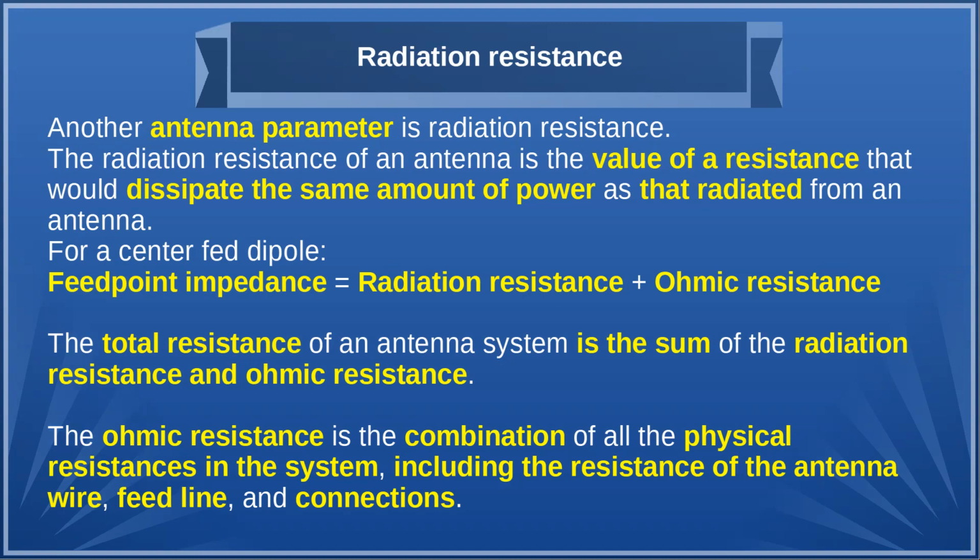And when you take the ohmic loss, which is the next one, that makes up the total feed point impedance. It's a combination of the radiation resistance and the ohmic resistance, which is the pure resistance of the conductors. So the total resistance is the sum of those.